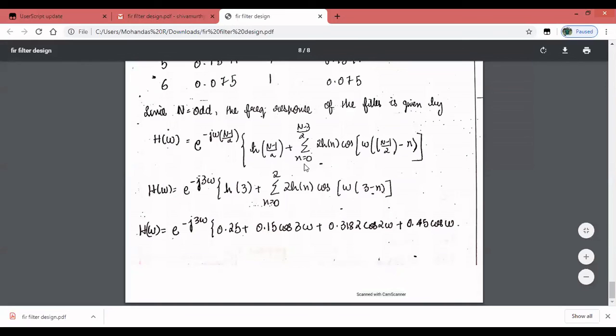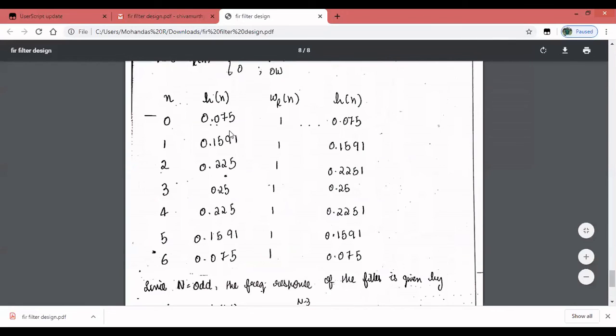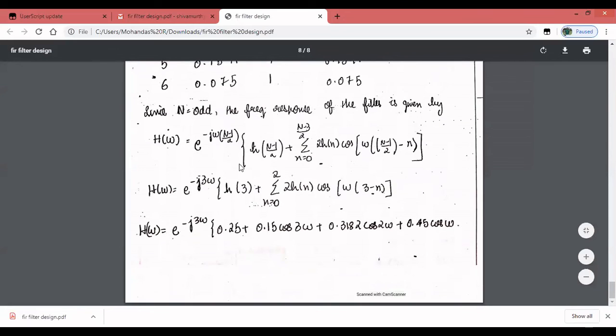So I'm substituting the value of n equal to 0 to 2 here. That is h(3) plus summation of n equal to 0 to 2, 2 into h(n) cos of omega (3 minus n). Once again substituting from n equal to 0 to 2, we know what h(n) is, everything we have calculated here. So substituting all those things, I'll be getting my final frequency response of an FIR filter.